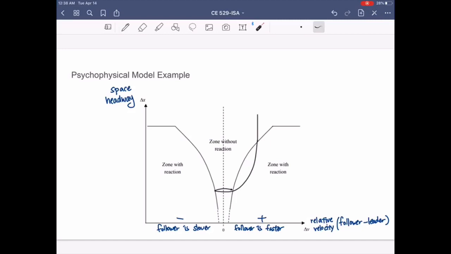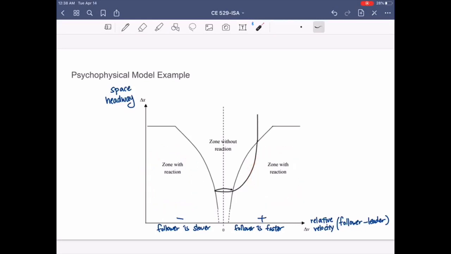When the relative velocity is negative, the follower is slower than the leader. When it's positive, the follower is faster than the leader. As the distance between them increases, the follower is not likely to react to the leader's action. As the relative speed increases in either direction, the follower is likely to react to the leader's action.